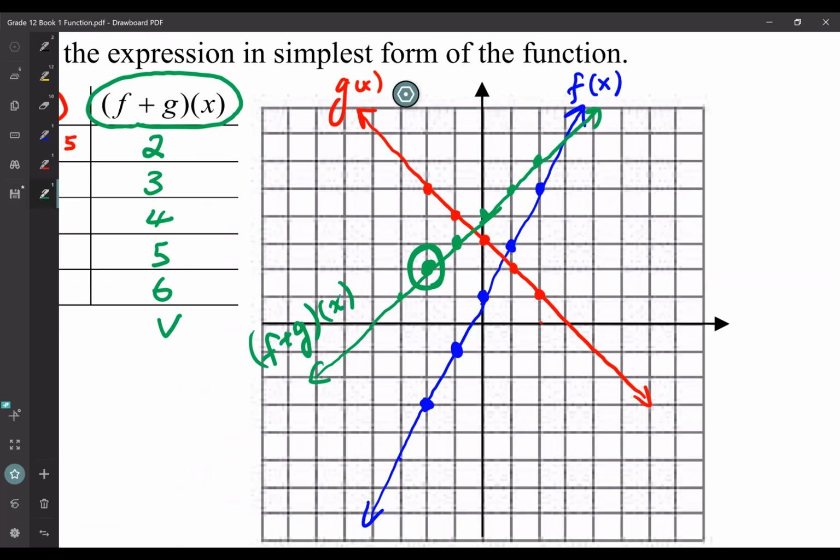Eric, what do you think? How do we find this point using the graph? I don't know. How do we get the 2 here? Add together the y values of red and blue.